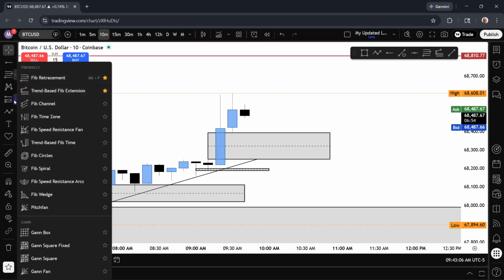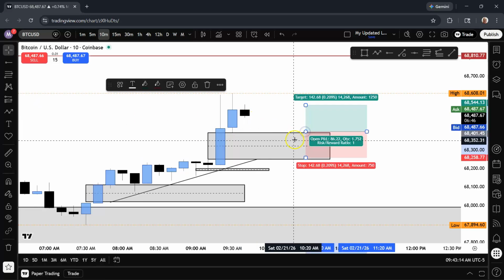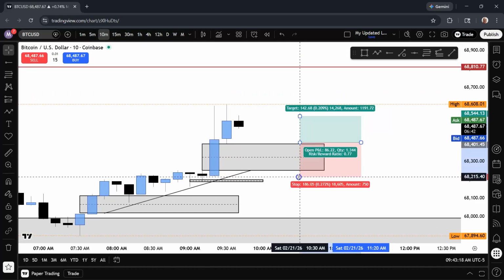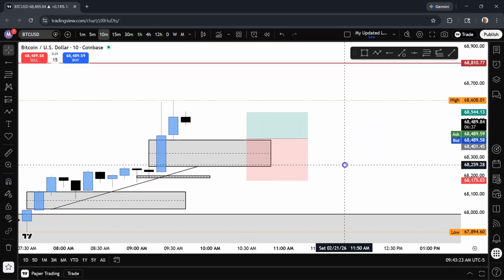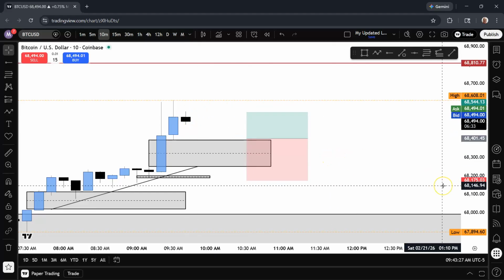So let me mark that out for you. If the market comes down and fills that gap, you're going to put a long order in. You're going to put your stop loss below the gap, let's say below this black candle, because you want to be aware of stop hunts, meaning they will hunt for your stop.